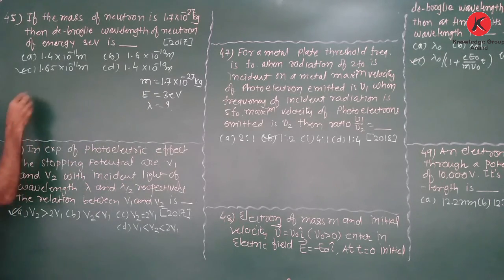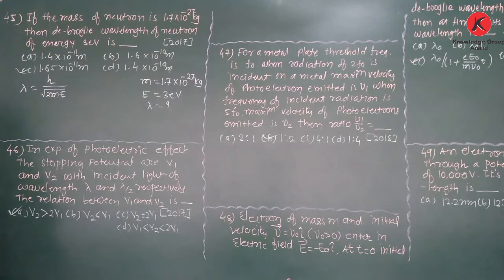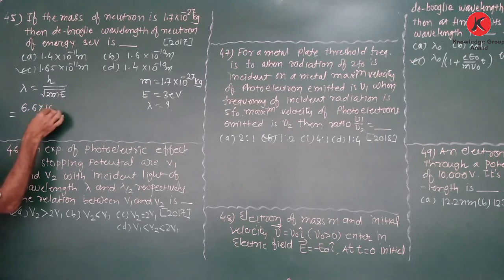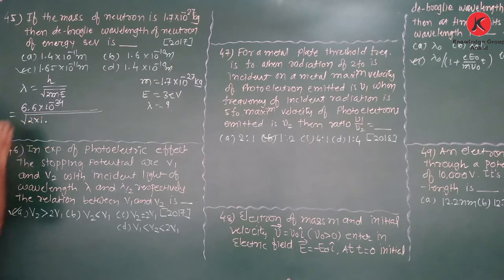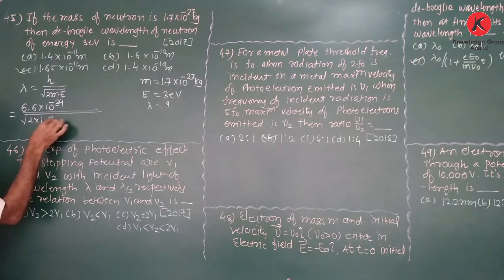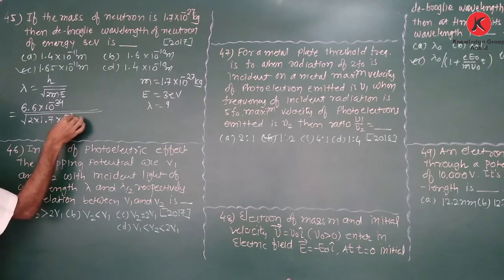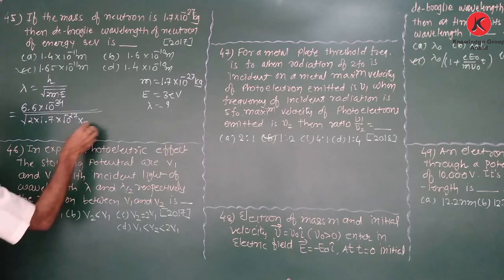For that purpose, the de Broglie wavelength lambda is equal to h upon under root of 2mE. h is given as 6.6 into 10 to the power minus 34, divided by the square root of 2 multiplied by the mass of the neutron 1.7 into 10 to the power minus 27, and energy of the neutron 3 electron volt.